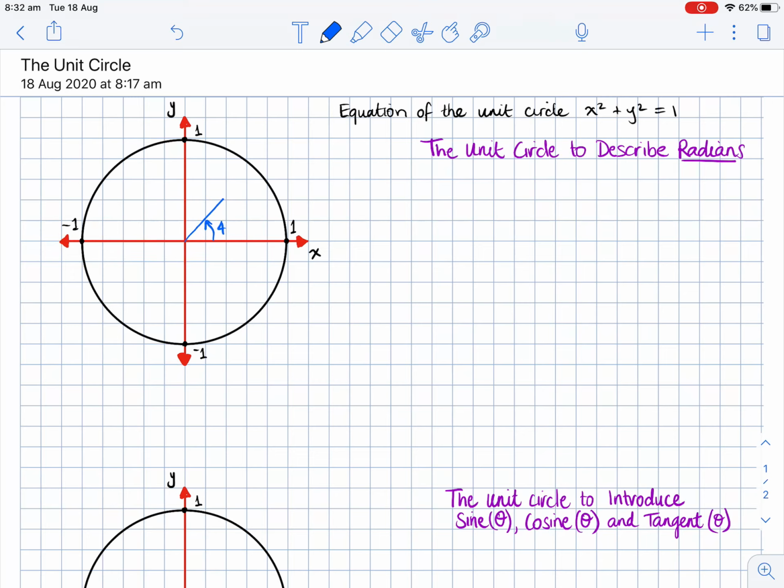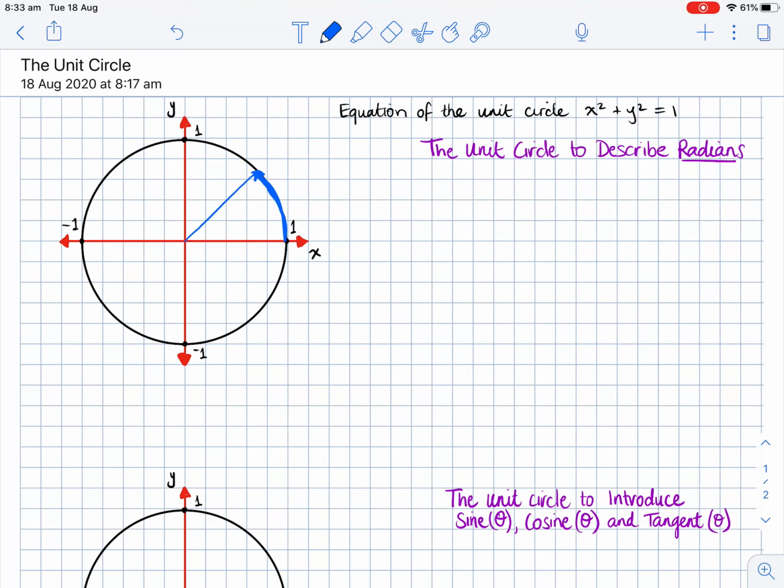So what radians is about is it's a way of calculating angles in a slightly different way. And radians is about measuring the distance from the positive x-axis around the circumference of the circle to a point.